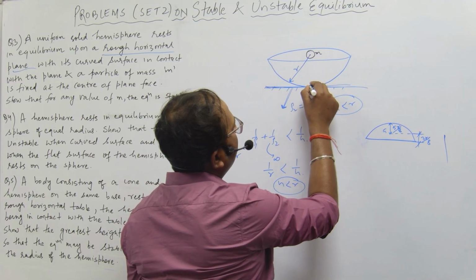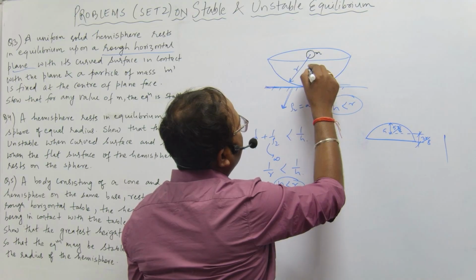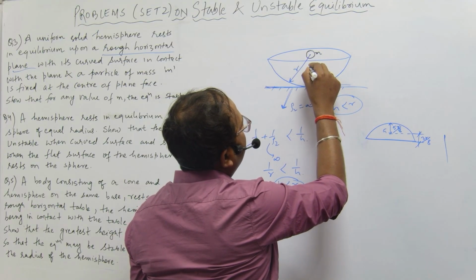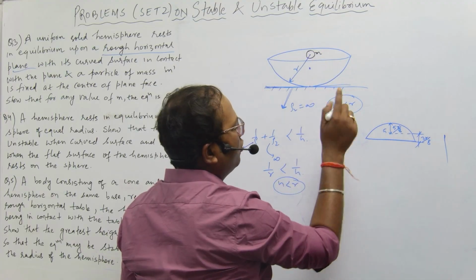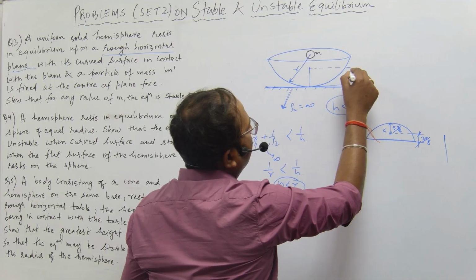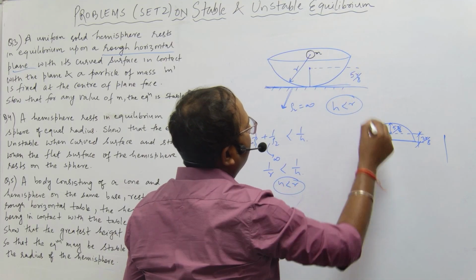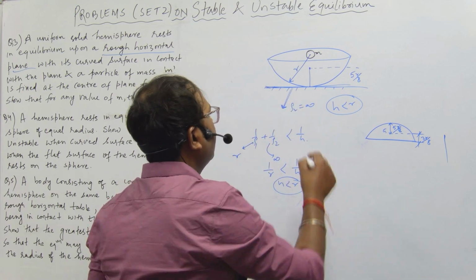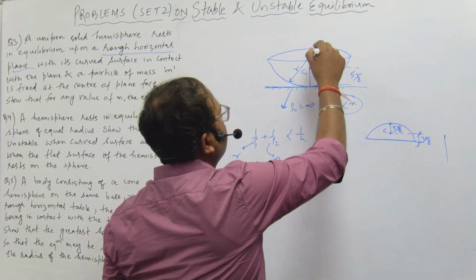So from this particular point, let us take the CG. So CG will lie somewhere here. Okay, so the center of gravity of this hemisphere alone, this distance will be 5r upon 8. Okay, 5r upon 8. This is the center of gravity. Let us take this as G1, and this as G2.